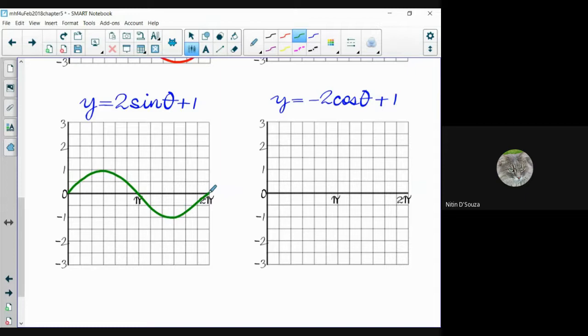So your strategy for this is take the y value, multiply it by 2, and then add 1. 2 times 0 is 0. 0 plus 1. 2 times 1 is 2. 2 plus 1. 2 times 0, 0 plus 1. 2 times minus 1. Minus 2 plus 1. 2 times 0, 0 plus 1.